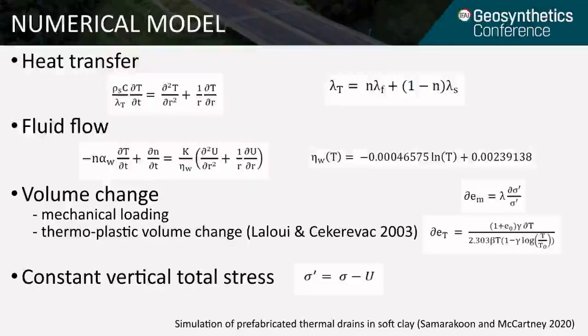A relationship by Laloui and Cekerevac was used to obtain the thermal volume changes. The gamma here is a material-specific parameter. For the loading conditions in this analysis, the total stress will remain constant, and the changes in effective stress due to a change in the pore water pressure can be obtained from Terzaghi's effective stress principle.